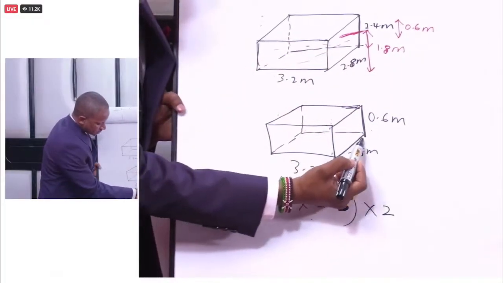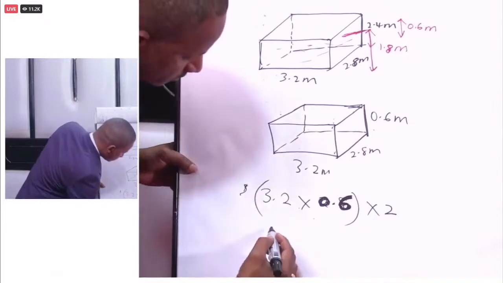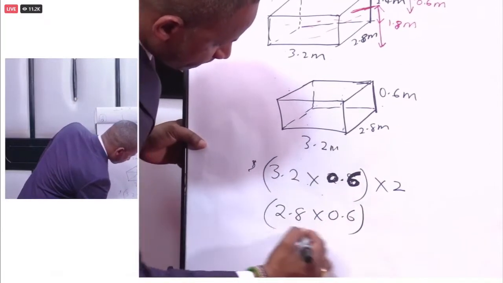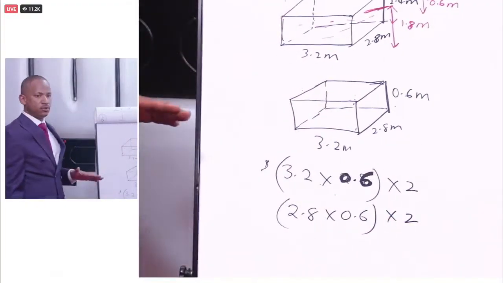Then 2.8 by 0.6 times 2, this other side. That's all you need.